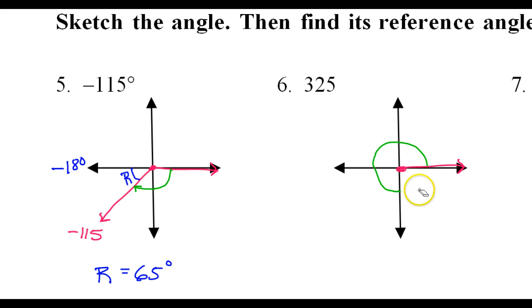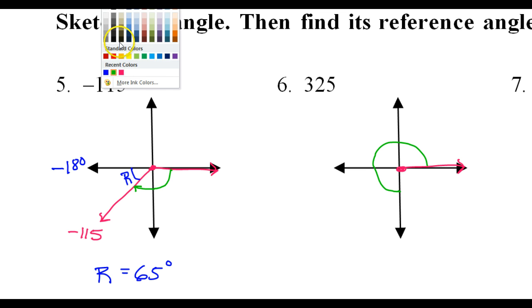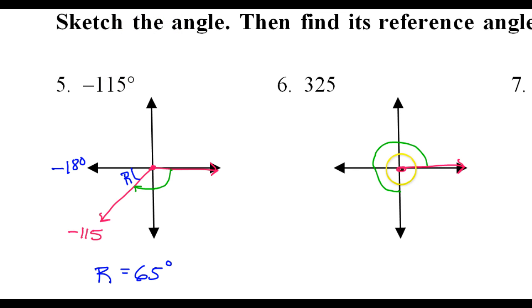That would be too far, so I don't want to do that. So that means I'm going to stop somewhere here in the fourth quadrant. Okay, so here is a sketch of my angle. Now my reference angle is going to be this angle right here. So let's see how it went down.